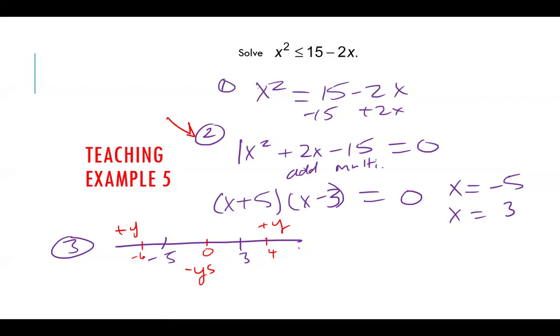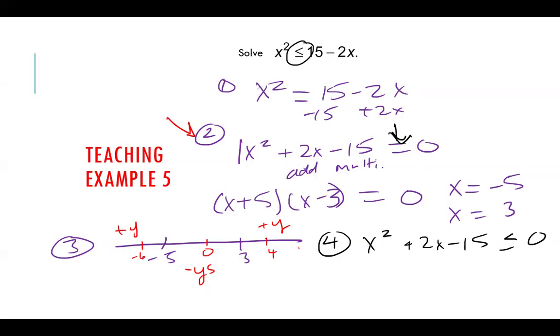Good. All right, so step 4 is to now solve the inequality. Our inequality started off as x squared less than or equal to 15 minus 2x. We moved everything to the left, so we replaced our inequality with an equal sign. We're now going to put our inequality back. So our inequality is x squared plus 2x minus 15 is less than or equal to 0.